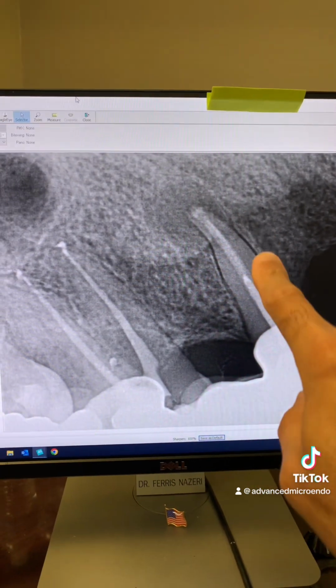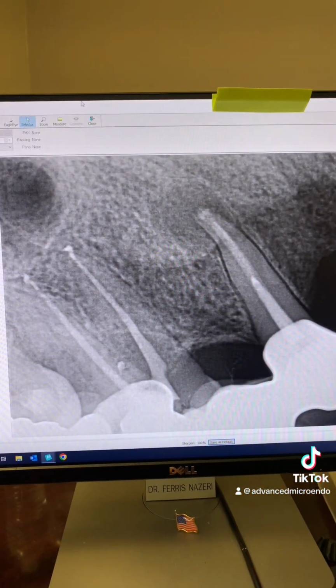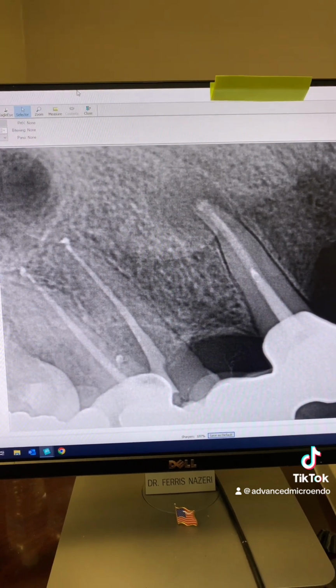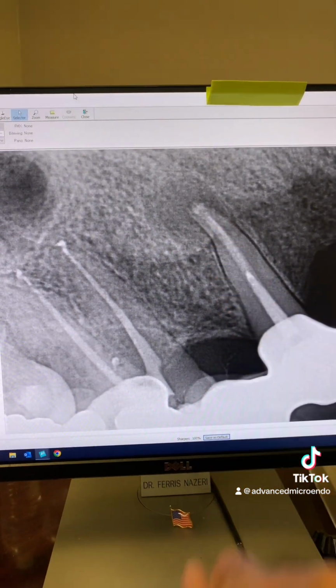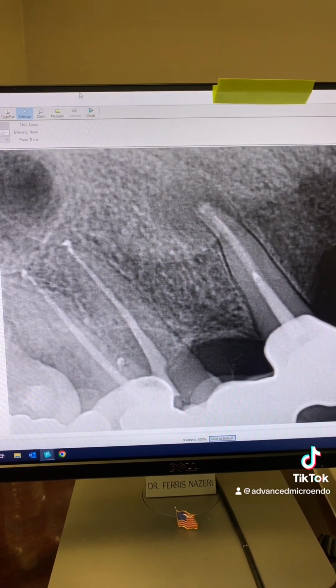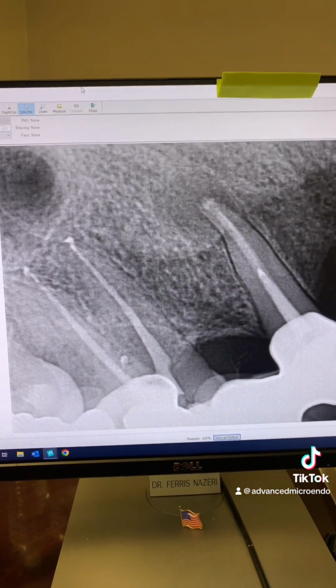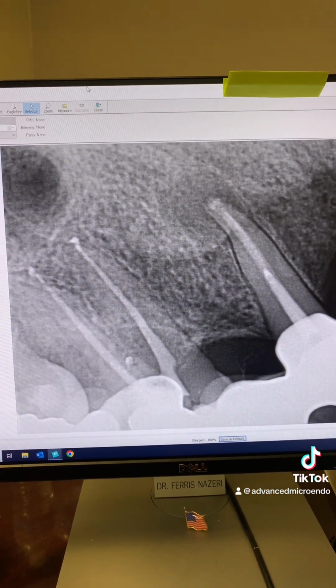So we talked about why I like to use MTA in these cases where the apical diameter is 50 or more. In these situations, the MTA will give you a better apical seal compared to gutta-percha.